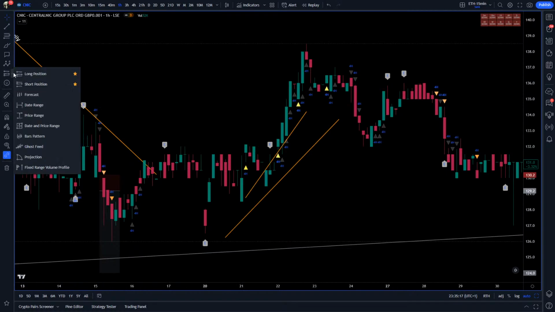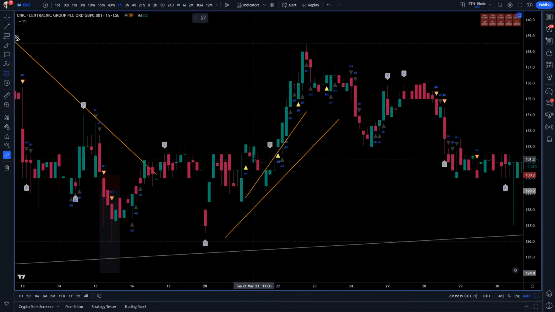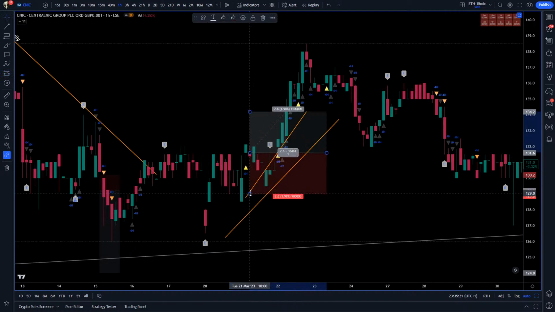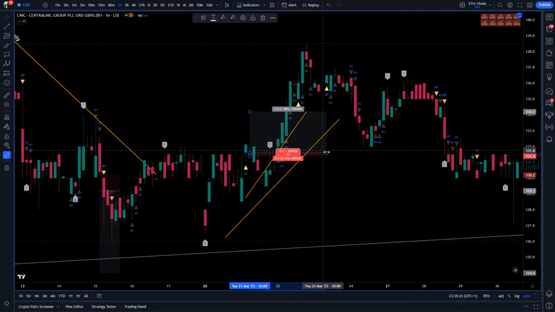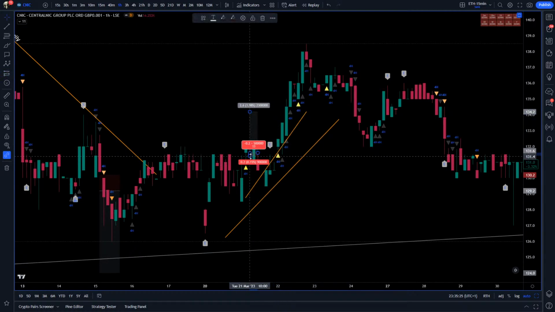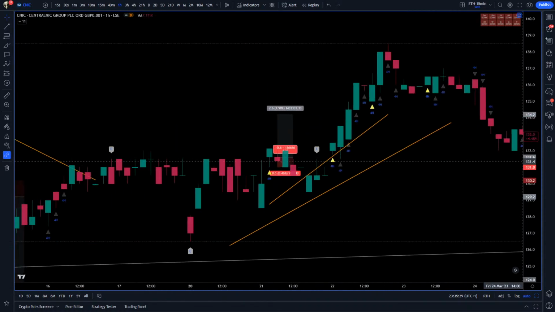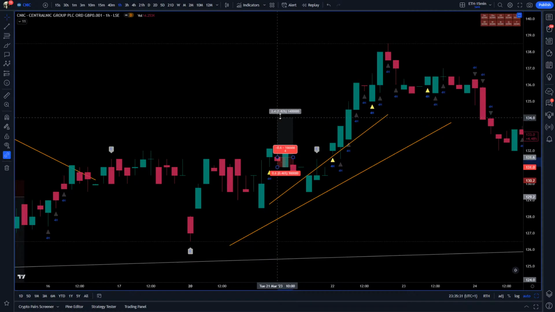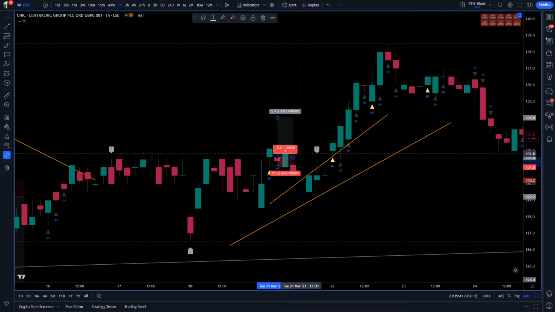So if we make a long position here with the stop loss here, we would hit our stop loss because the market made a correction. That doesn't mean that the signal is wrong.